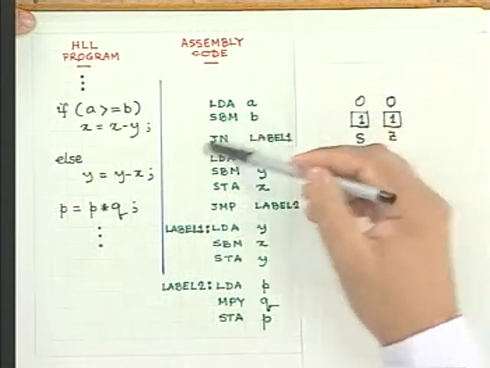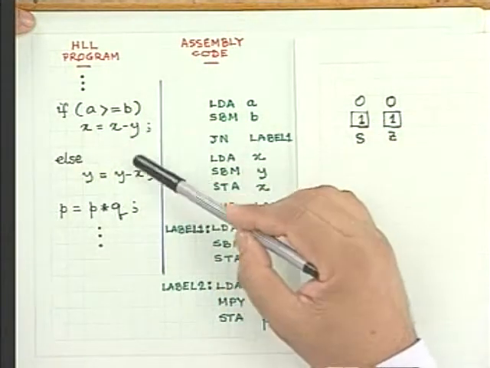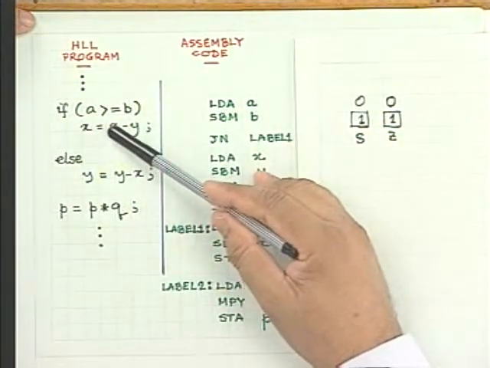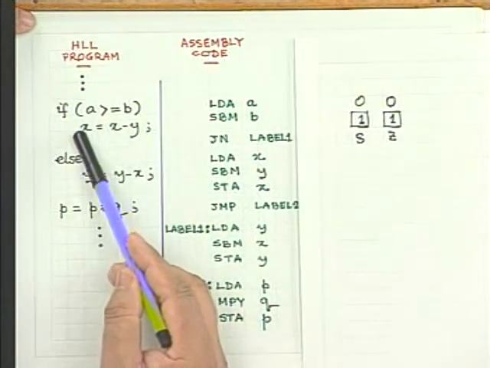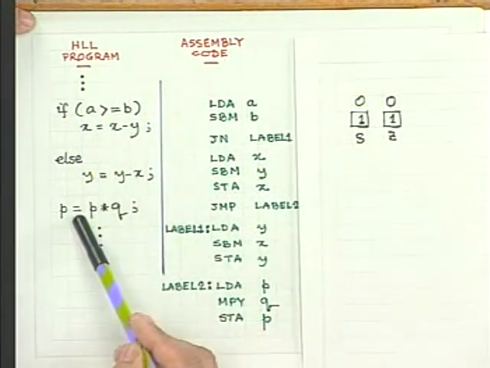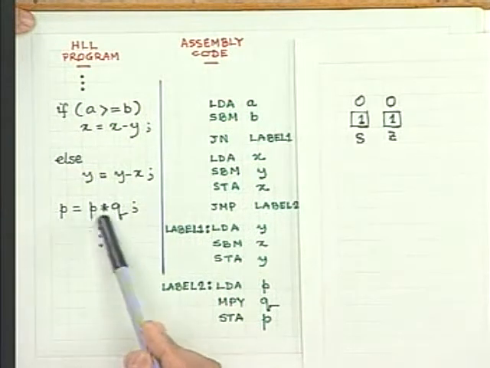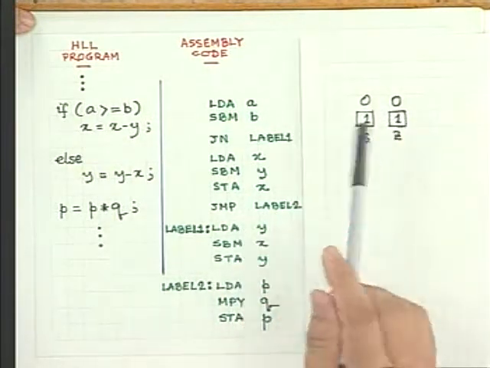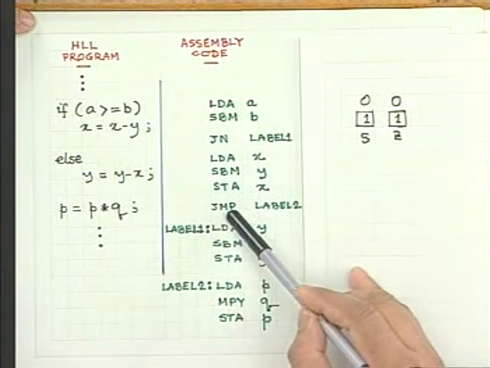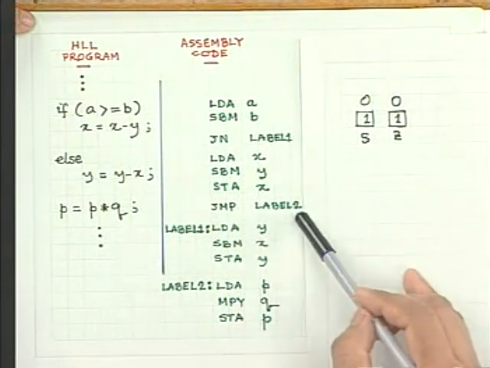Now, one thing you see is that if this is executed, then this will not be executed. From here, the control should jump, after execution of this instruction, to P equal to P into Q. Therefore, an unconditional jump, that means jump to label 2, is executed.